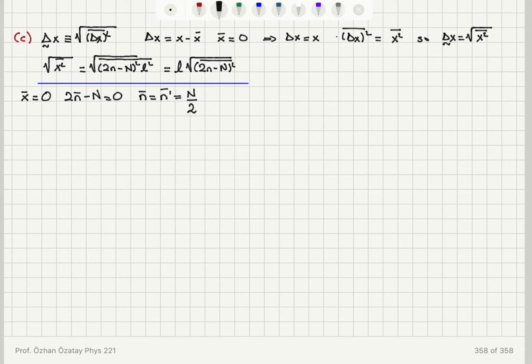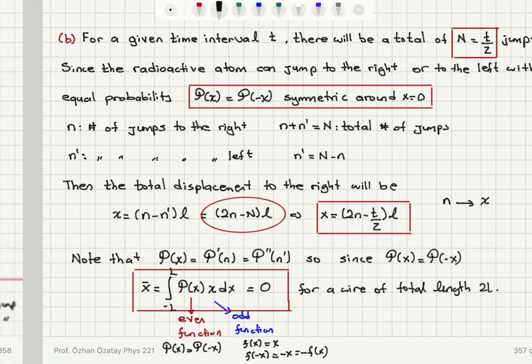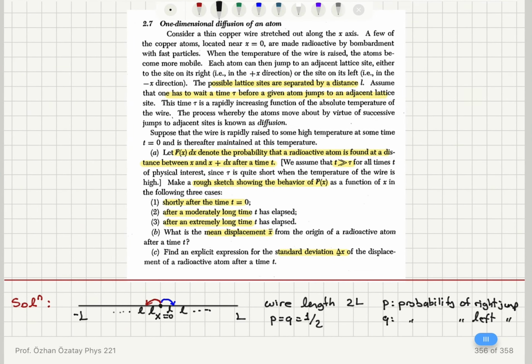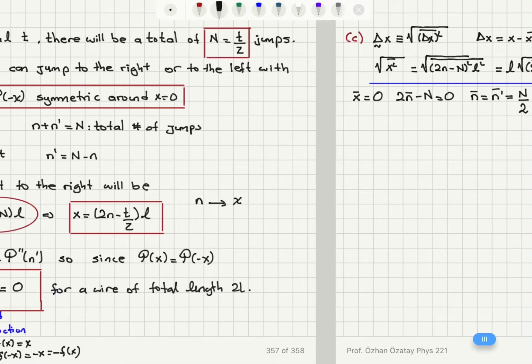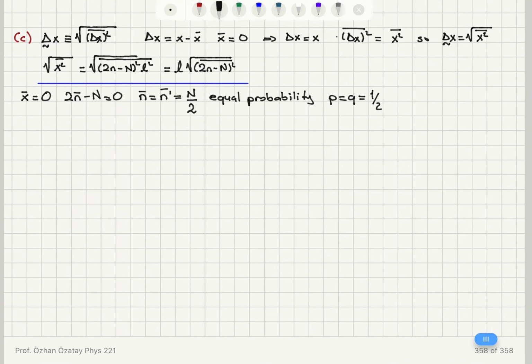This is equal probability of a jump, equal probability. So P is equal to Q is equal to 1/2. Remember, P and Q I have defined as probability of right jump and left jump. So these are equal, so it's the same.